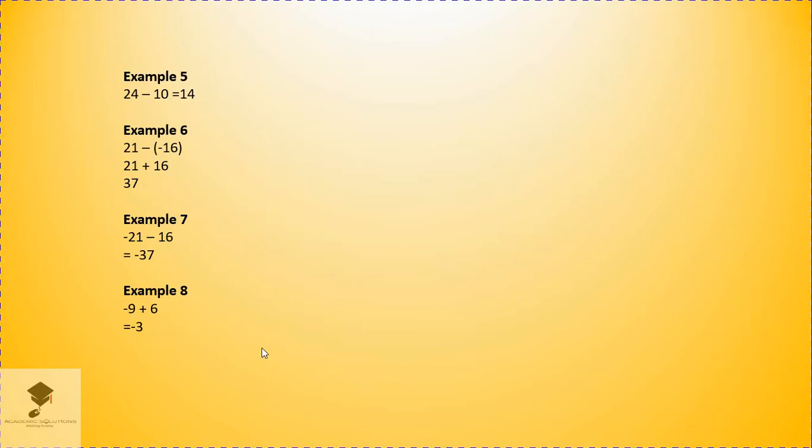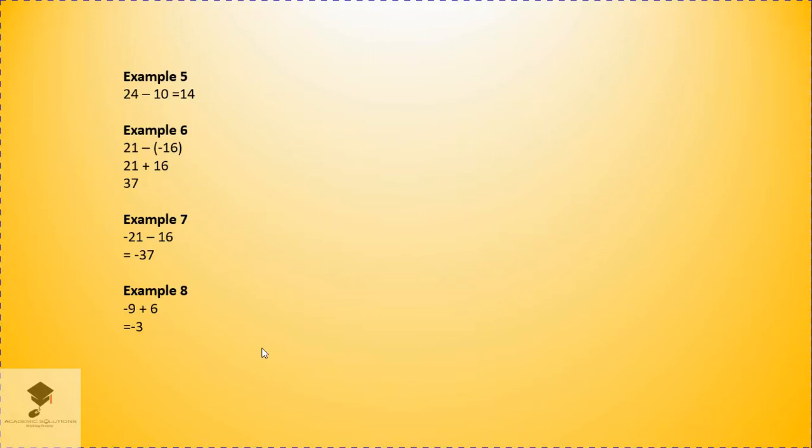So for 21 minus of minus 16, the negative signs, which are separated by the bracket, are going to multiply. We're still going to come to multiplications of negative and positive signs. If you multiply the negative sign and the negative sign, you're going to get a positive sign. So you will end up having 21 plus 16, which gives you 37.